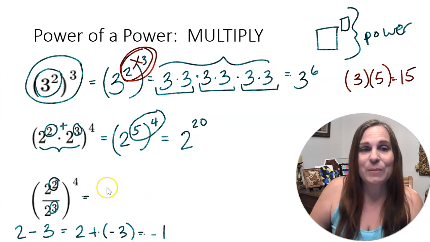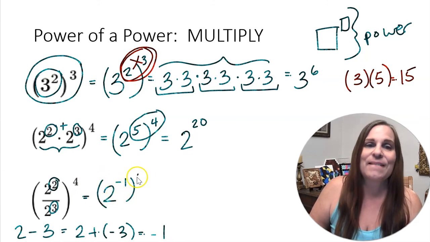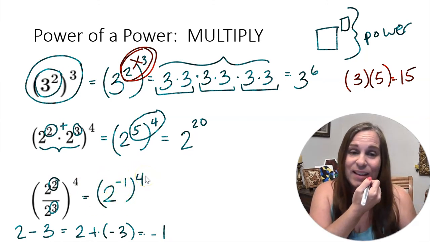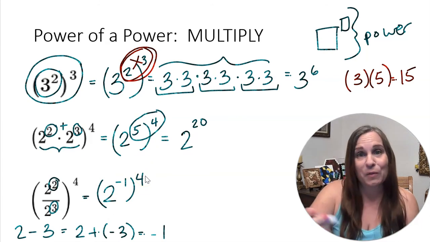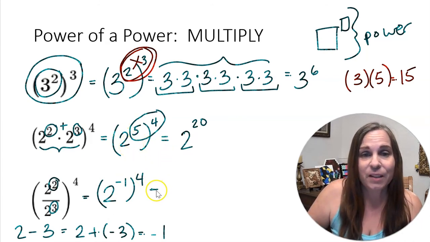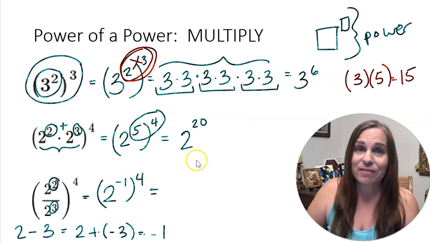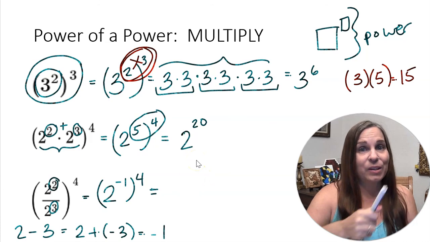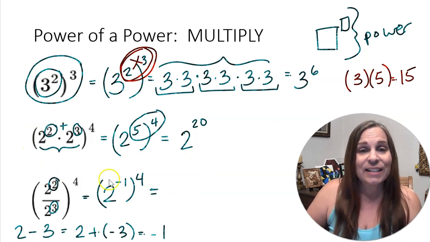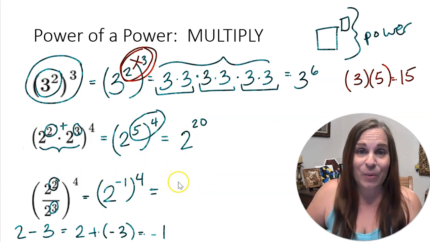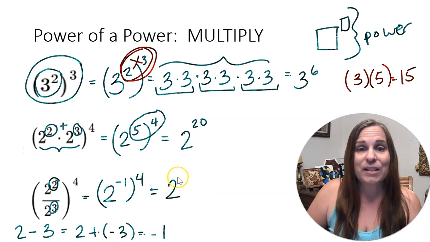So this is going to become 2 to the -1 to the 4th. Now I'm going to do power of a power. So that means I have to multiply -1 times 4. See, those integers are really coming in handy now. -1 times 4 is -4. So I get 2 to the -4th power.